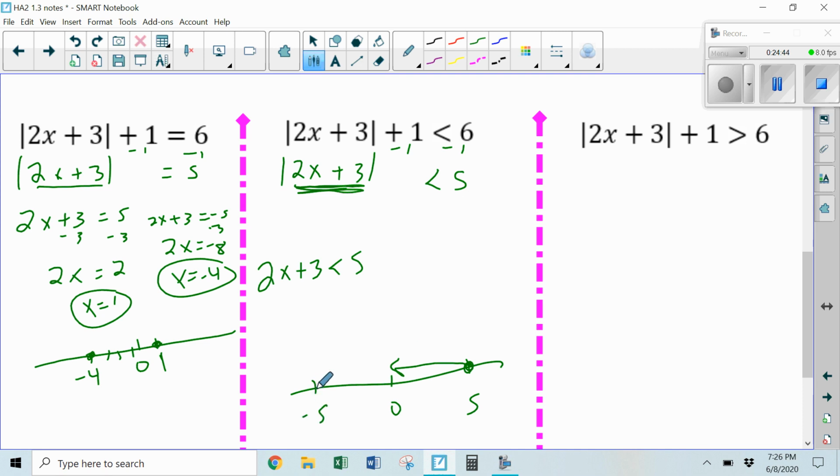But remember, that means I'm going to need to pick numbers bigger than -5 because I'm going the opposite direction. So I set this less than 5 or greater than -5. Over here it was equals 5, equals -5. Here when I do 5 and -5, the sign switches. Solve each of these separately.